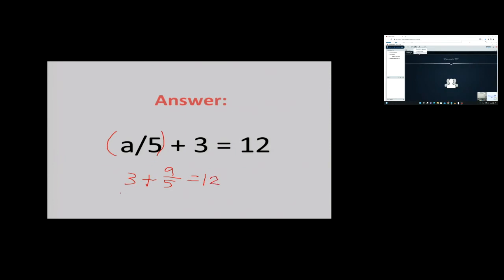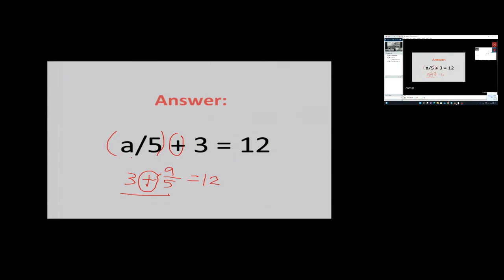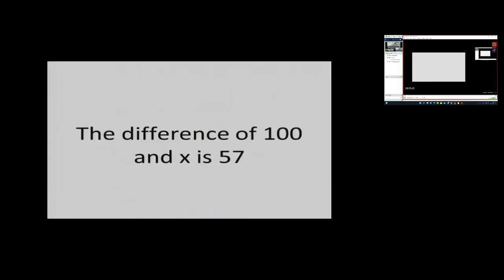This is okay too, because since this is addition, you can switch this and this one. Okay, Mike? Do you understand? As long as it's addition, plus, you can switch. But if it's minus, you cannot switch. Okay? You cannot switch.